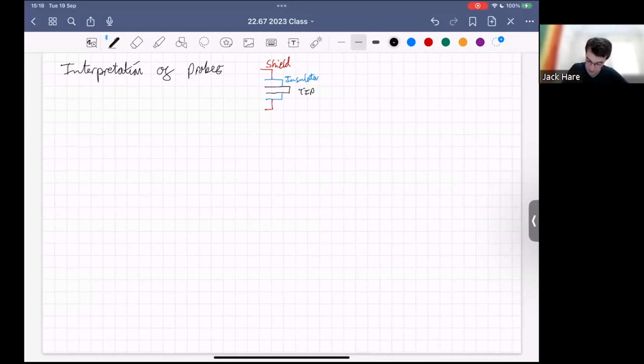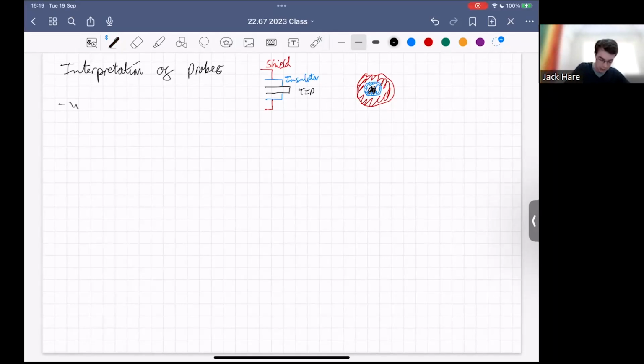And if I draw this face on, it looks like, as I said, coaxial, something like this. So you can have a lot of fun making Langmuir probes, but they are fundamentally little bits of cut-off coax cable. And there's some reasons why you might want to use them made out of certain materials.